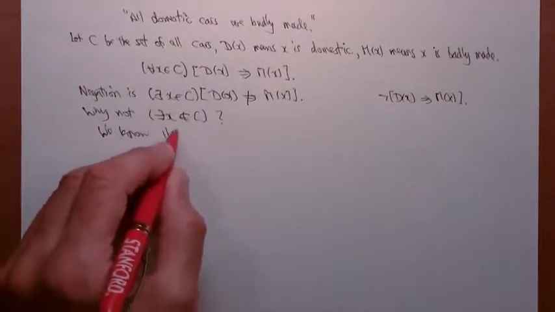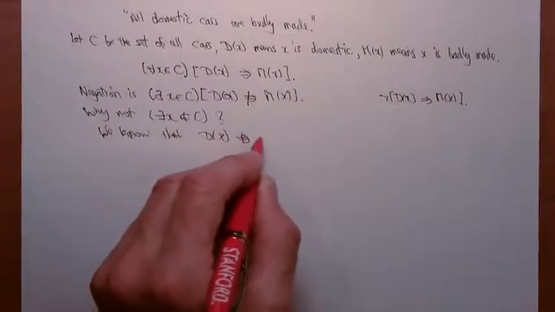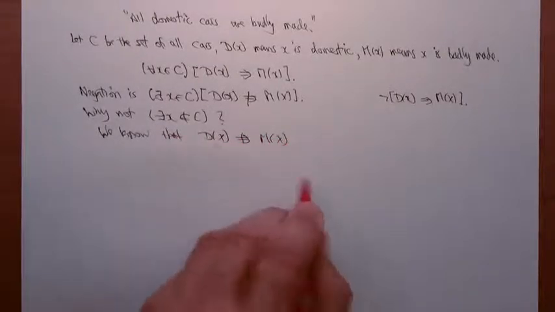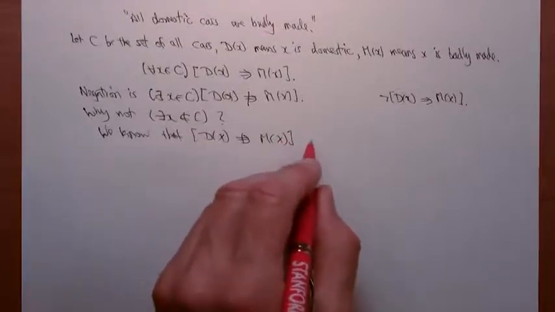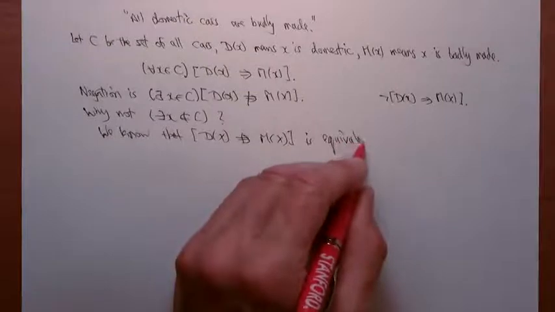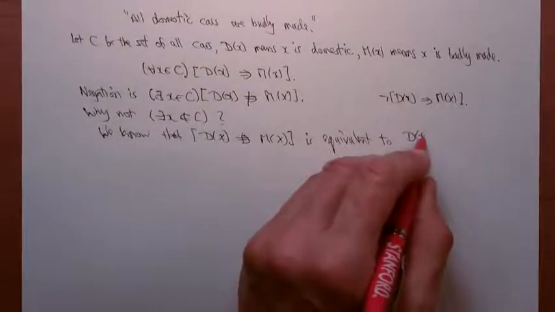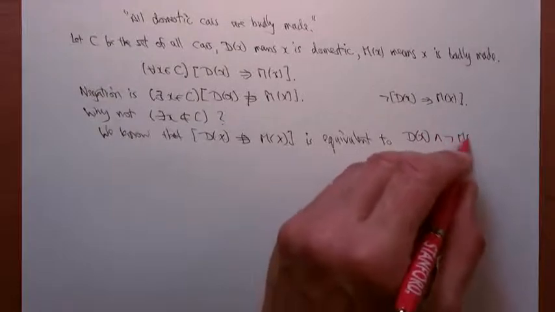We know that d of x does not imply M of x is equivalent to d of x and not M of x.